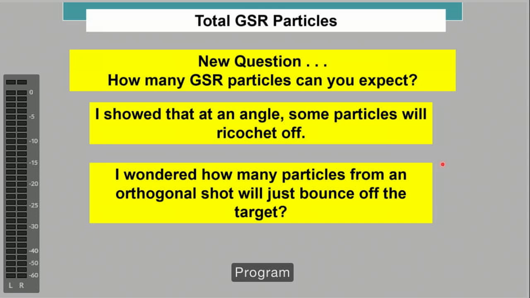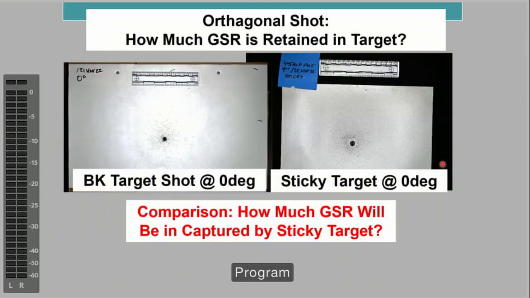That is, if you shoot directly at a target orthogonally, at 0 degrees, will all the particles stick to the target? So I shot a bench coat target at 0 degrees, and then a sticky, adhesive target at 0 degrees.